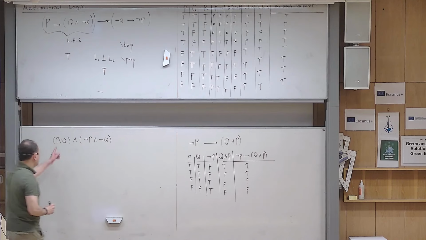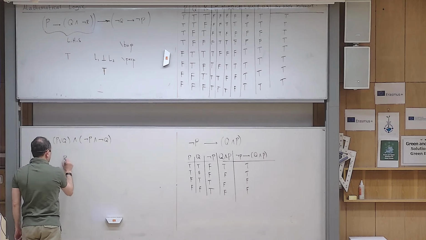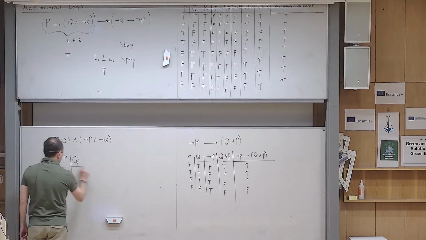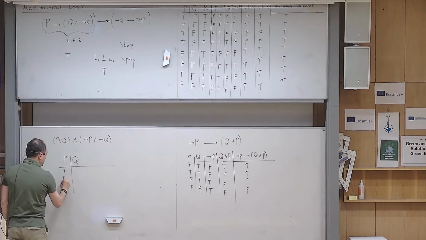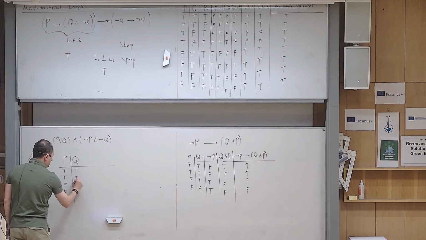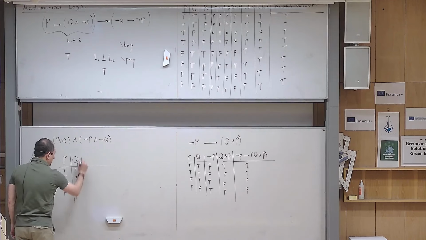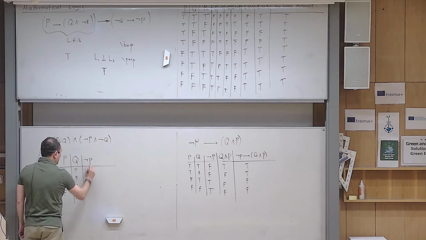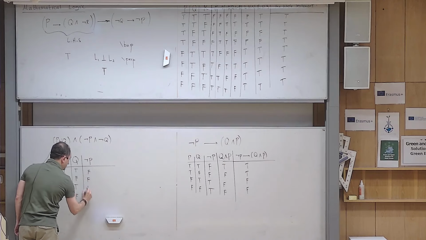Let me do it fast. P, Q, I have only 4 rows. T, T, F, F. I have T, F, T, F. I need not P, which is F, F, T, T.